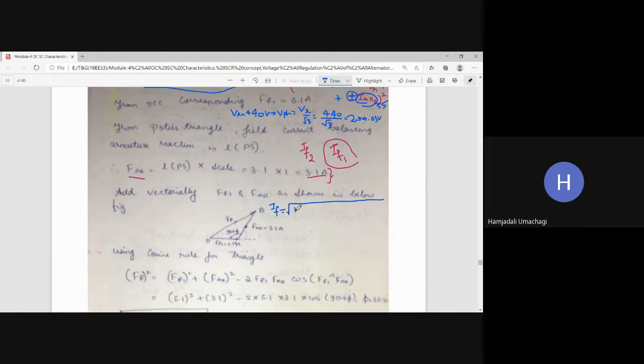Now calculate the resultant IF, given by IF equal to square root of IF1 square plus IF2 square plus or minus 2 times IF1 IF2 sin phi, and this formula is as per your MMF method formula.